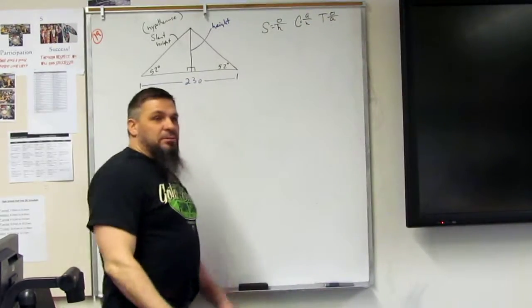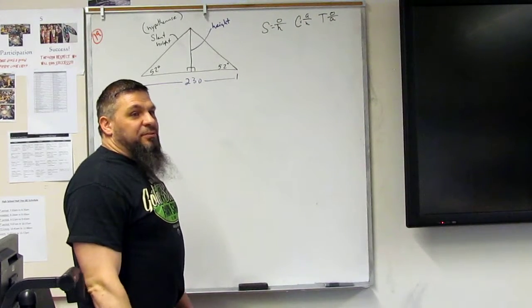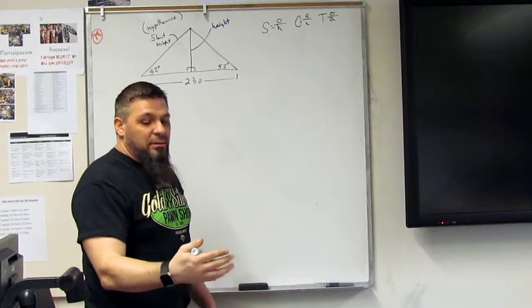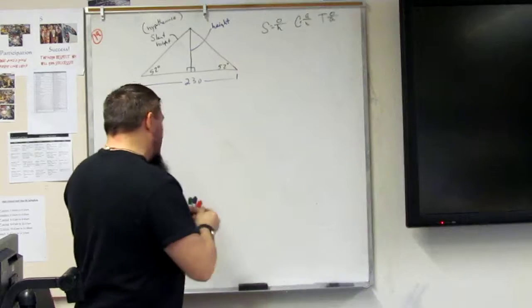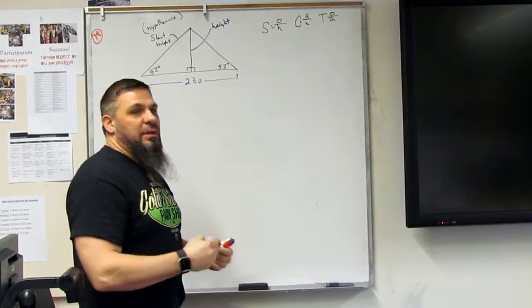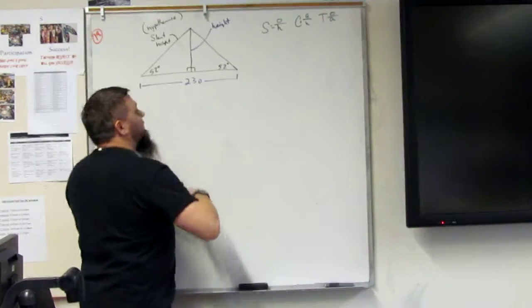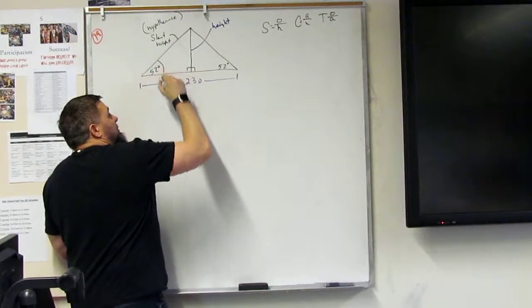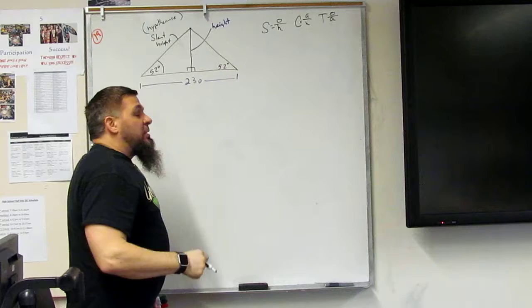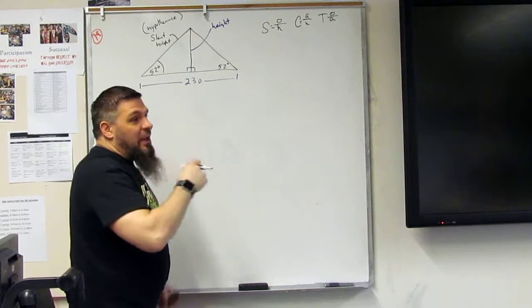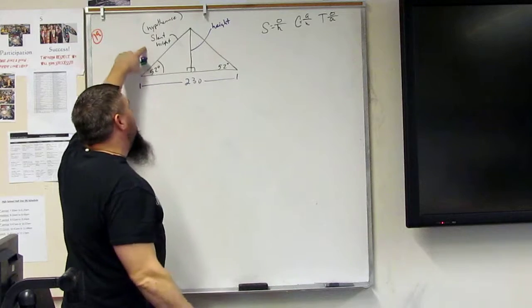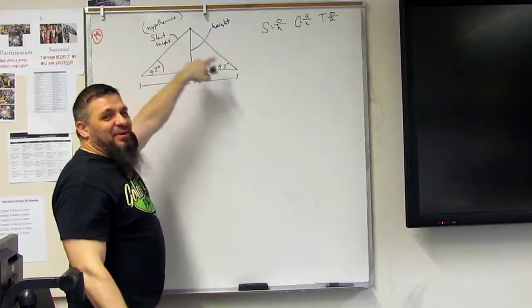SOHCAHTOA, right? And now the relationship says, hey, the sine of the angle. What angle? Well, they're giving us an angle, 52 degrees. The sine is opposite over hypotenuse. I don't have either of those.